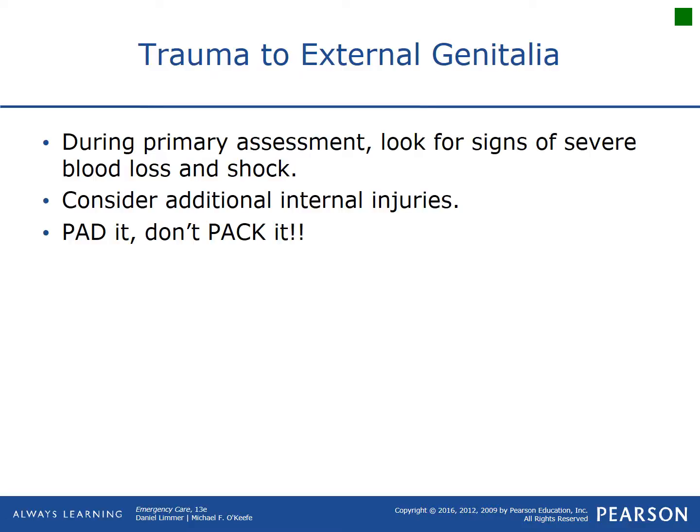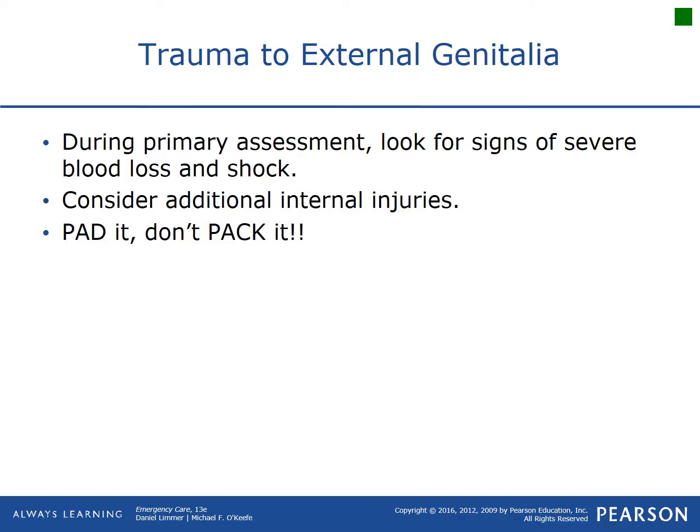If there's ever trauma to the genitalia, whether this be trauma from vehicle accidents, slips, trips, falls, or other severe cases such as rape, you may have to go and examine everything.